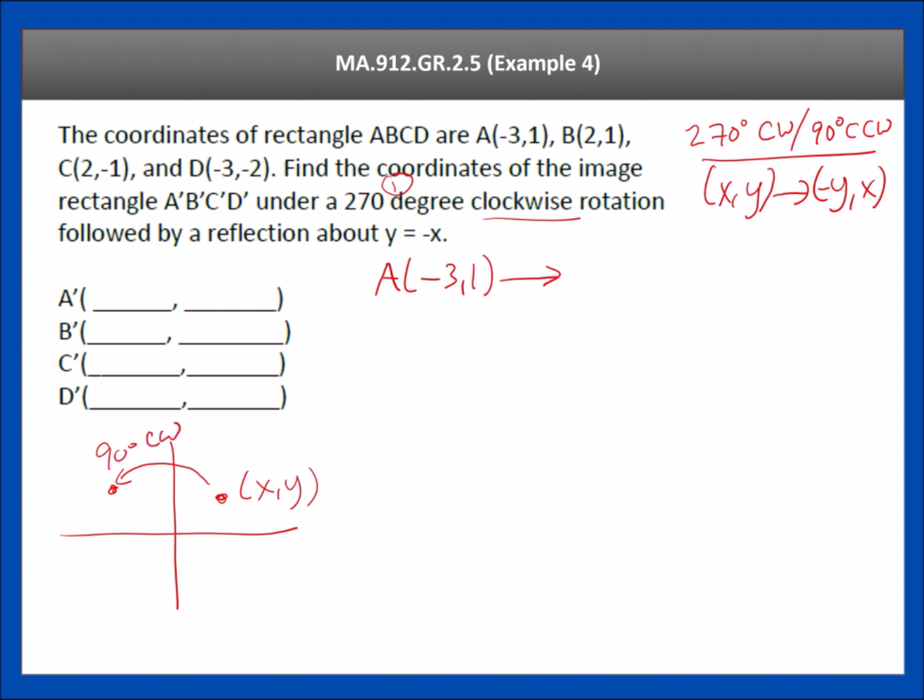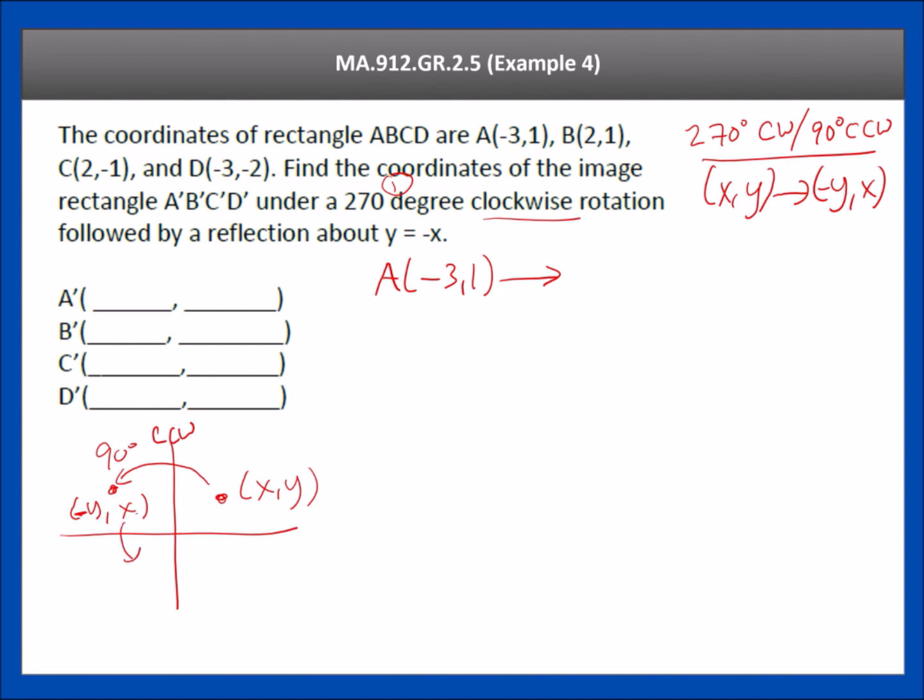Here, let me write this clearer. Every time I do a 90 degree rotation, it's going to switch the coordinates. So we got y, x, and we know that the first coordinate must be negative. So that gives me the rule that I see here, right?